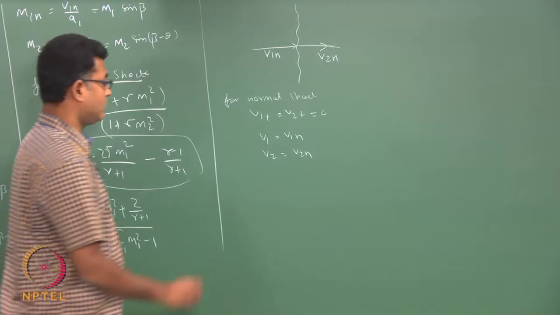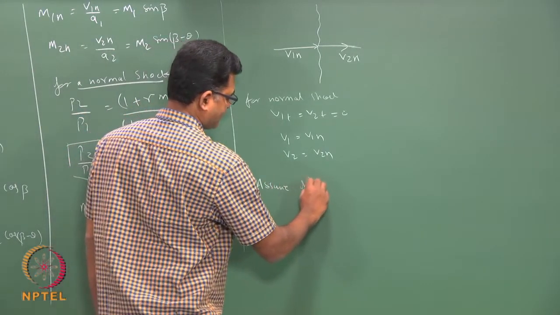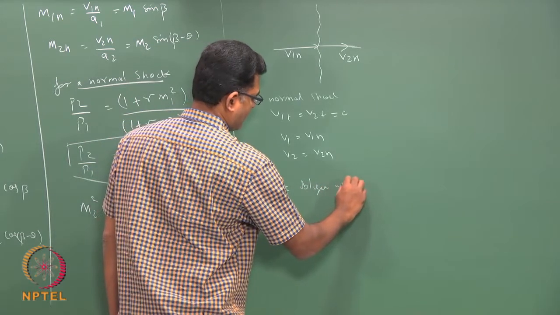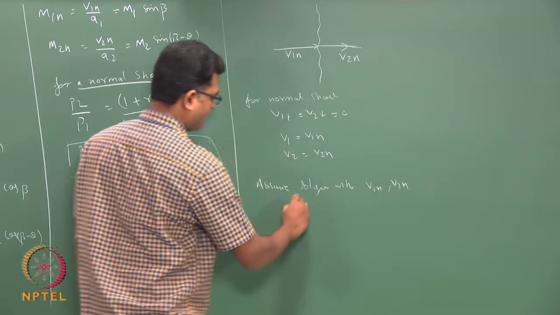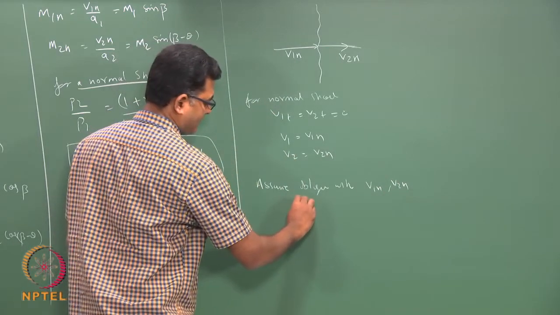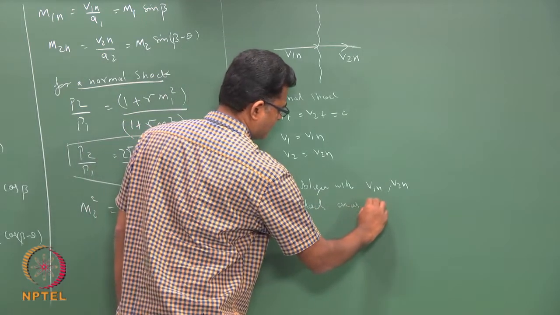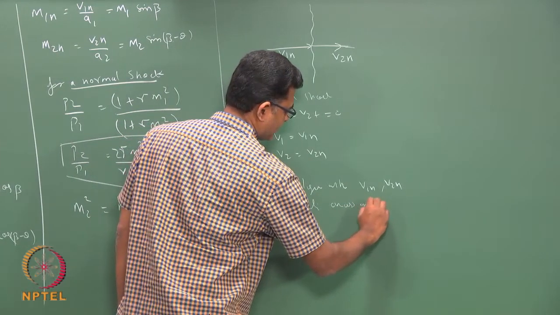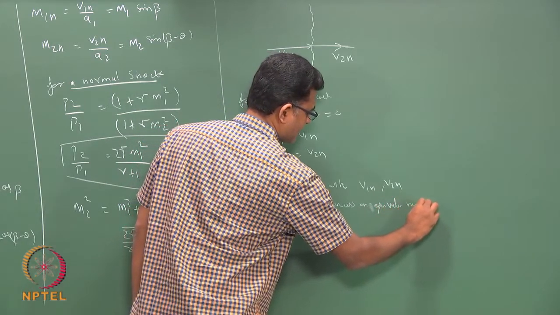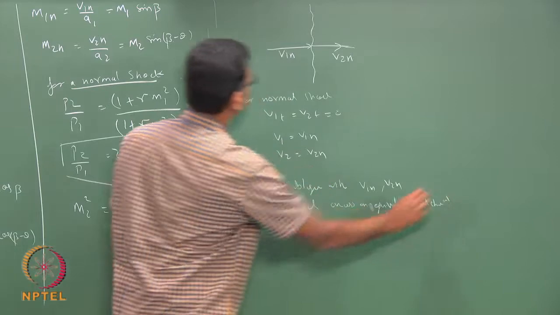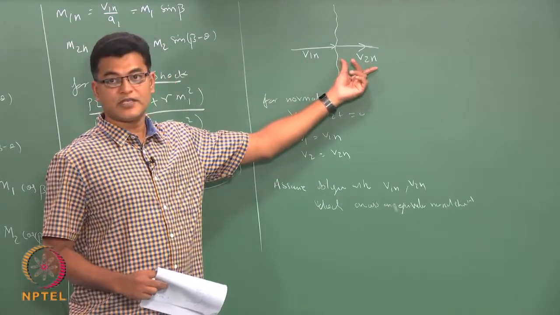So, you could assume an oblique shock with V1n and V2n as your velocities across an equivalent normal shock. Okay. So, if I have my V1n, I can get a shock relation to get V2n.